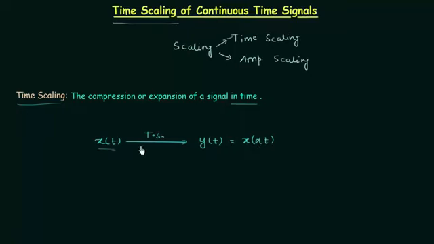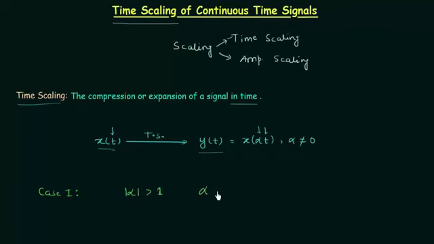So if you compare x(t) and y(t), you will find there is a difference in time. Here we have t, but here we have t multiplied by a number alpha which is not equal to 0. So this is what we have to do in time scaling, and there are two cases. In case number 1, mod of alpha is greater than 1.